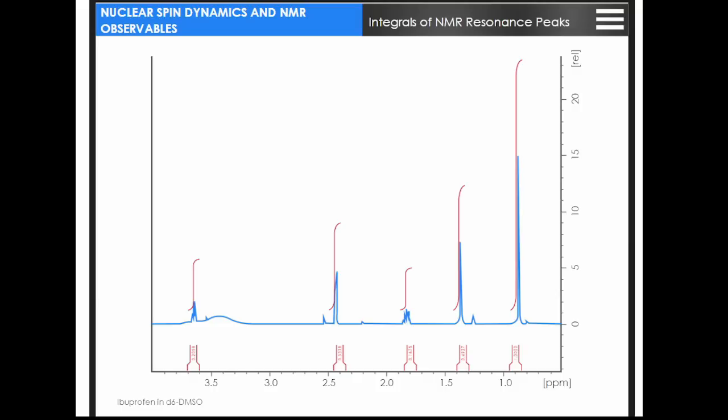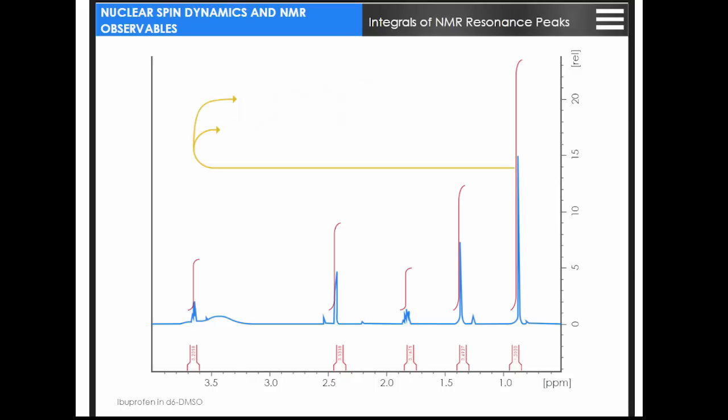In the 1H integrated spectrum of ibuprofen in DMSO-D6, the relative integrals contain information on the number of protons contributing to each peak. It is not possible to directly determine the absolute numbers without additional information, such as a molecular formula.